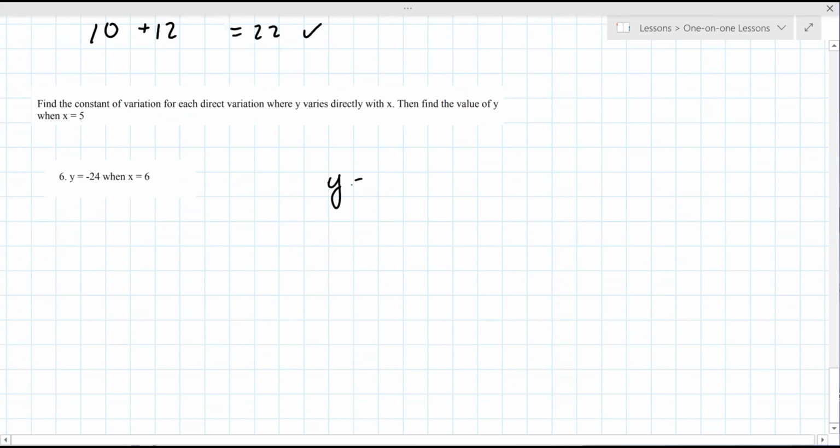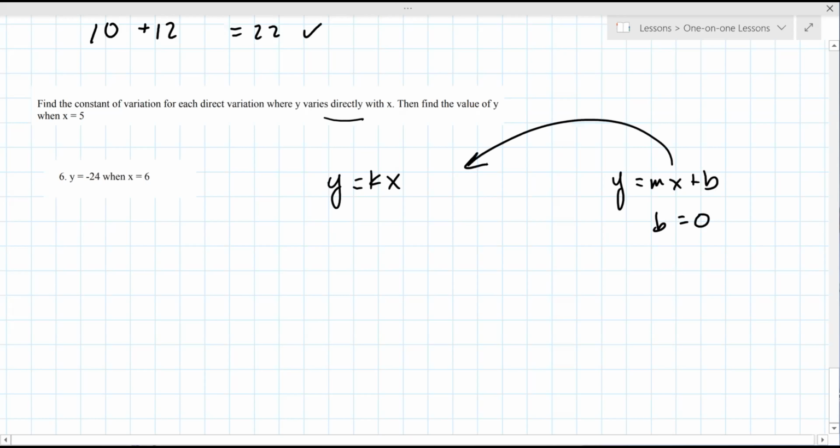Well, they write it this way. It's y equals kx, and that's for direct variation. So you're used to seeing y equals mx plus b. It's the same thing here, except if b equals 0, it becomes that, and they use k instead of m. Okay. So these problems are always set up the same. They have some given information, and you use that to write the equation.